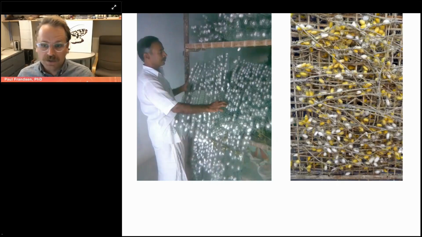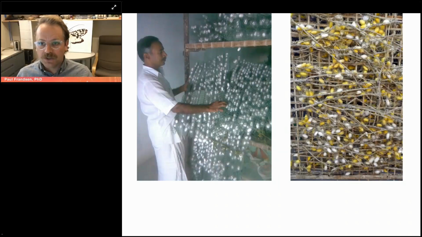And so while silk is a very useful biomaterial that's used for all sorts of different things, including textiles, etc., it's kind of interesting that we primarily only use silk from one species when there are 799,999 other species that also spin silk.